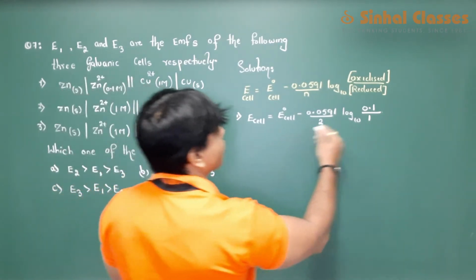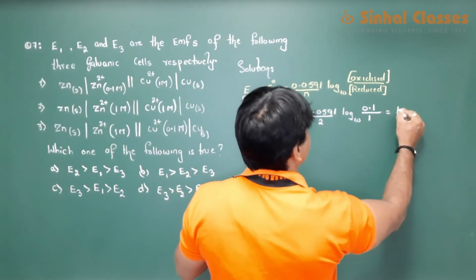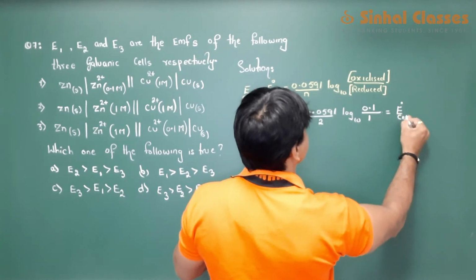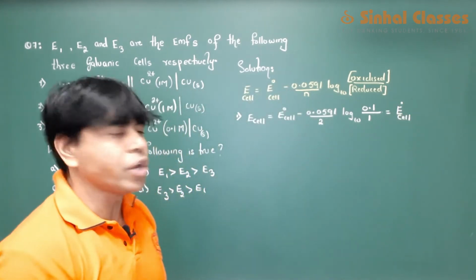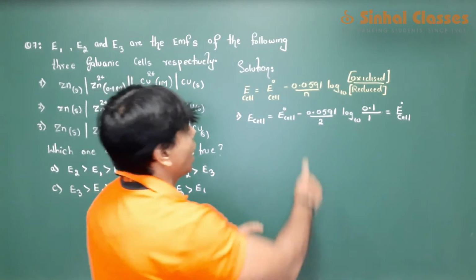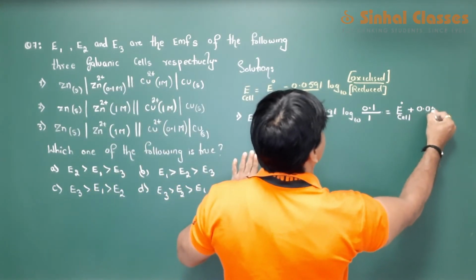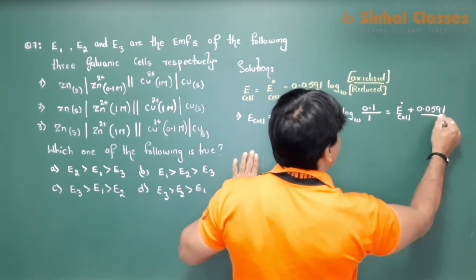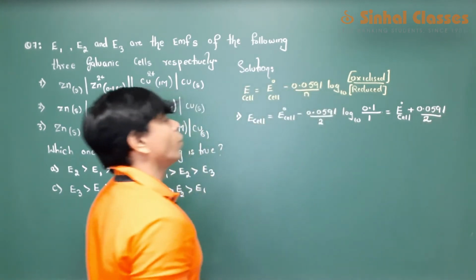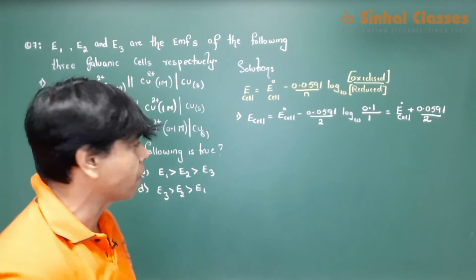So the answer for this will be E naught of the cell, and this will become plus 0.0591 upon 2 will be the answer for the first one.